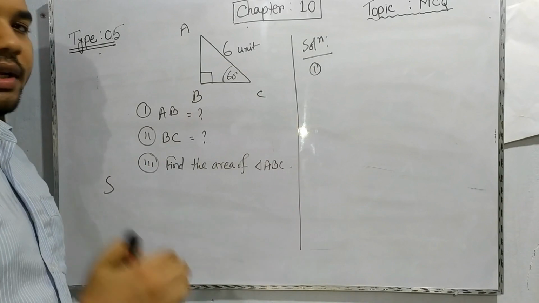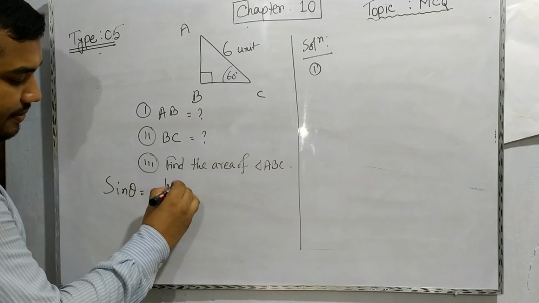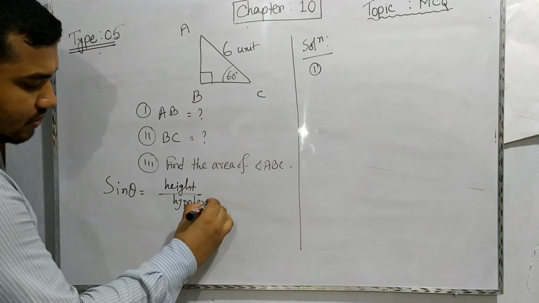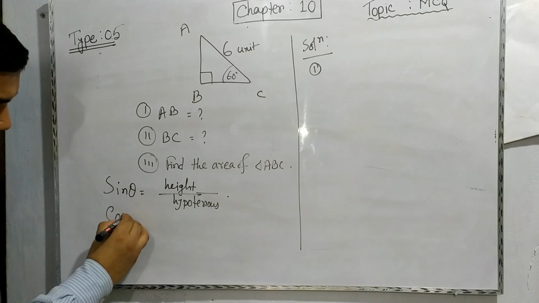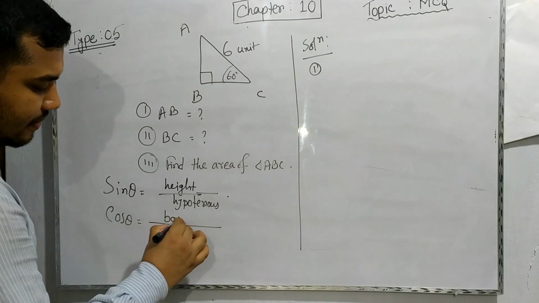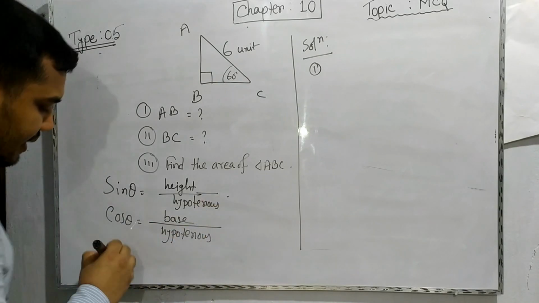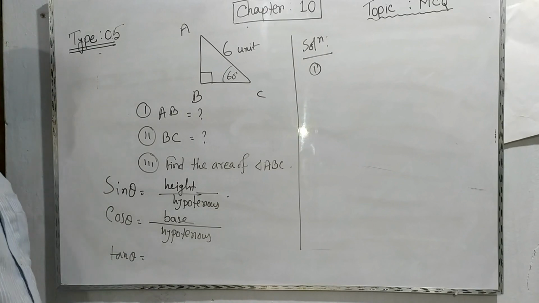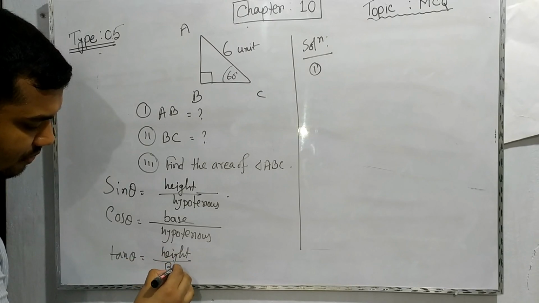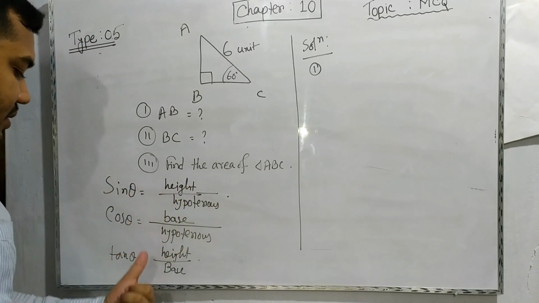In this chapter we need only 3 formulas: sin theta equals height by hypotenuse, cos theta equals base by hypotenuse, and tan theta equals height by base. So this is sin theta, this is cos theta, and tan theta.